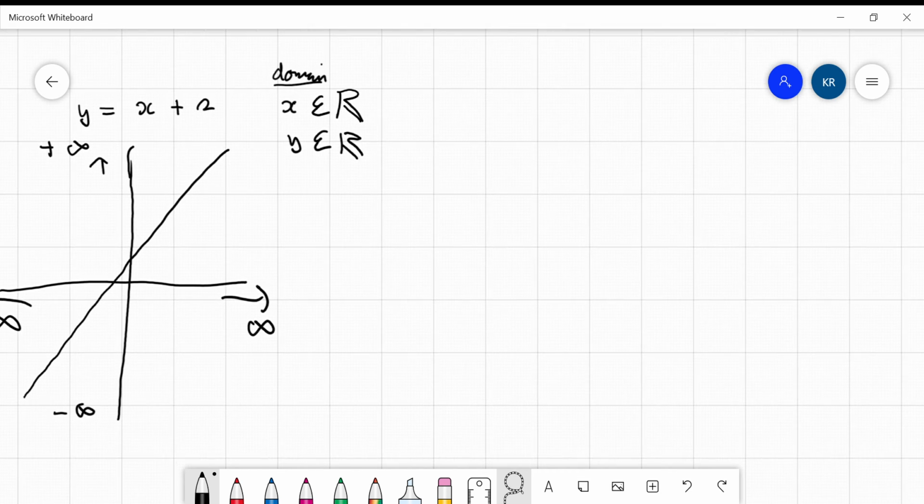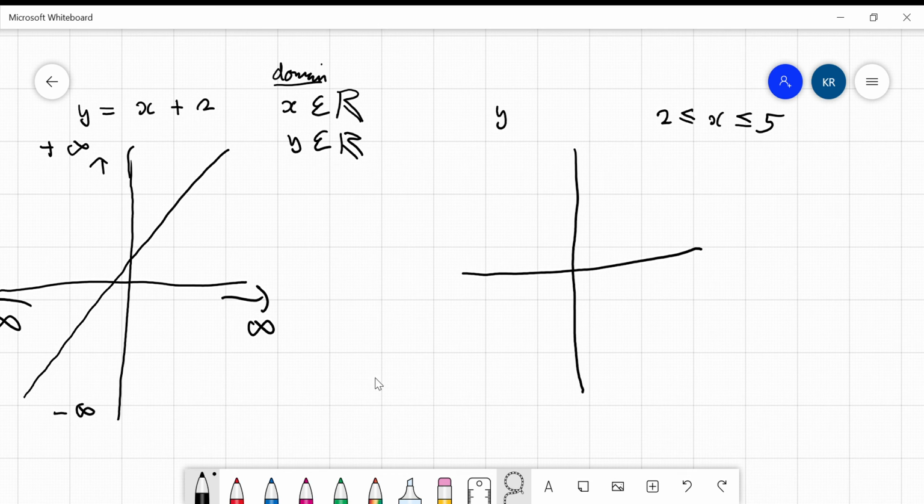Now, let us try this with a domain where suppose x is between 2 and 5, with y equals x plus 2.